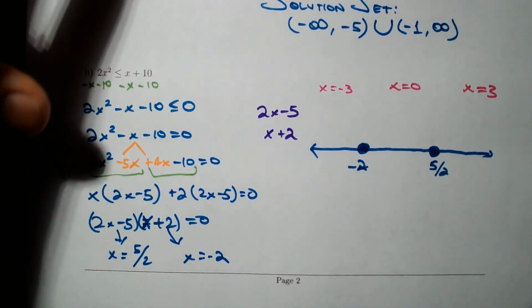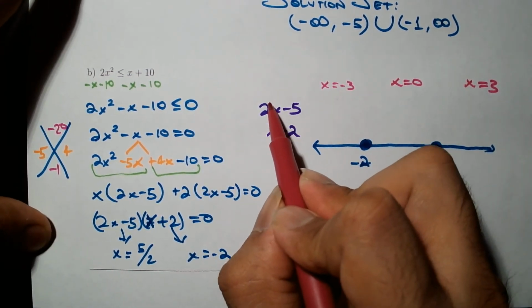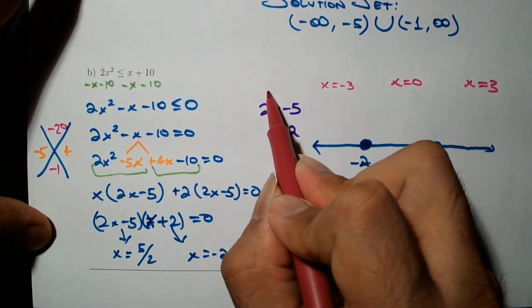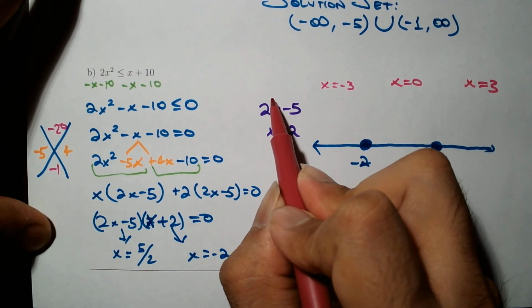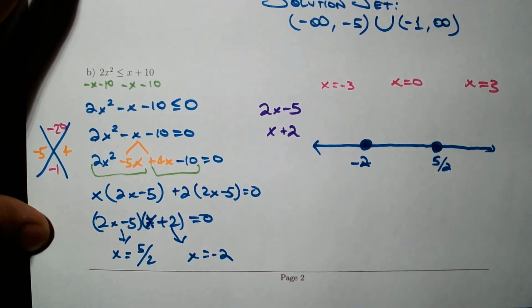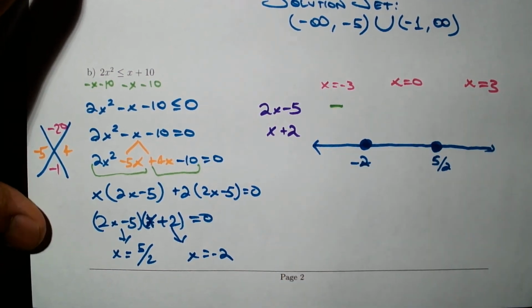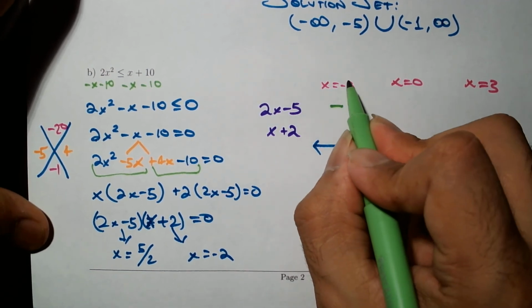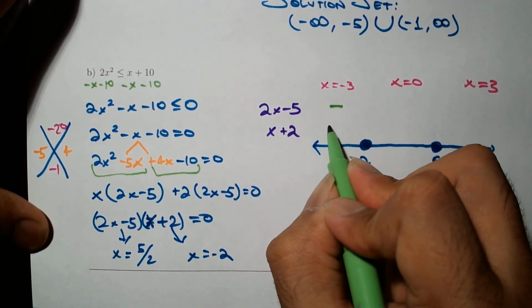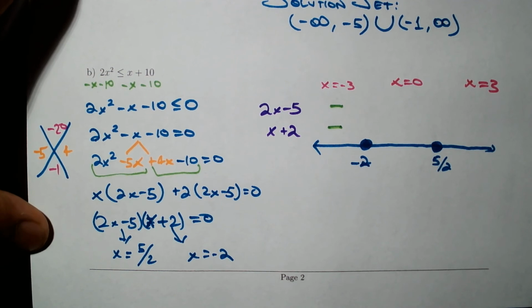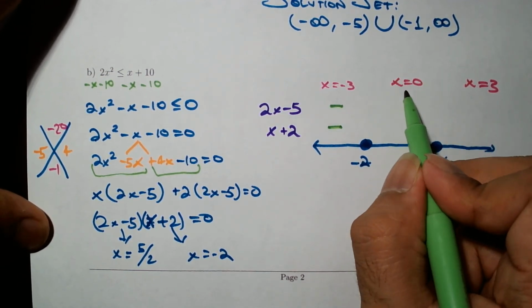So I'm going to go ahead and multiply this. So 2 times negative 3 is going to give me negative 6 here, but negative 6 minus 5 is going to give me a negative number. Then I'm going to plug in negative 3 plus 2, which is negative 1. That's a negative sign. I'm going to do the same here, but now with x equals 0.